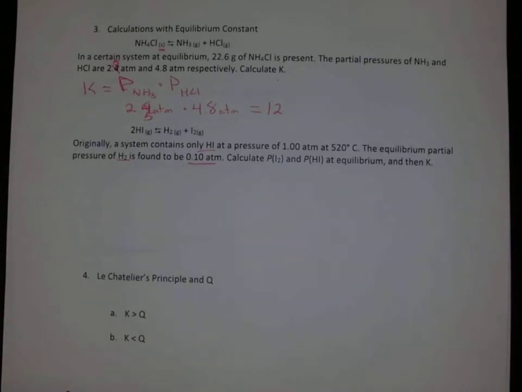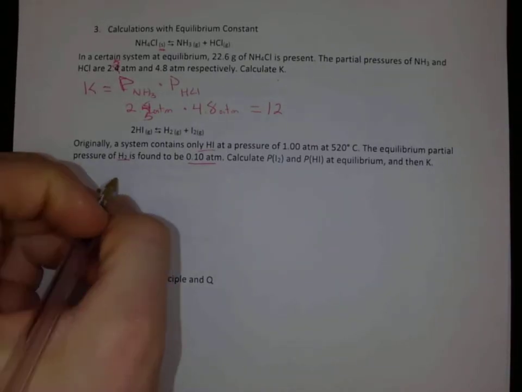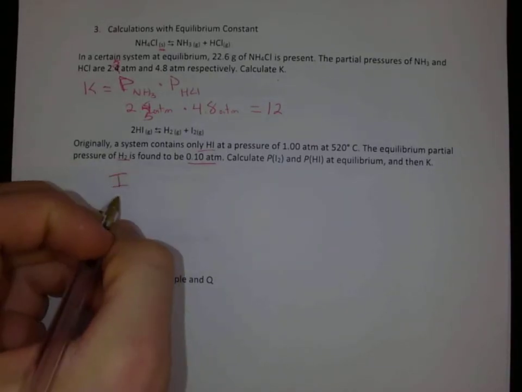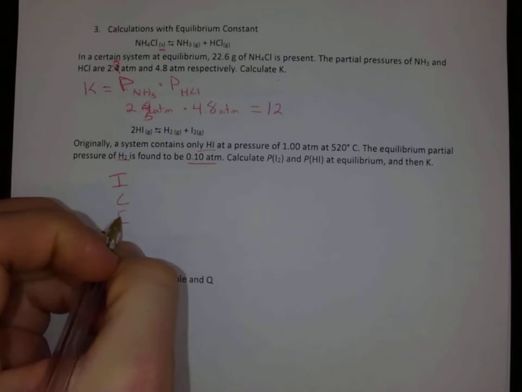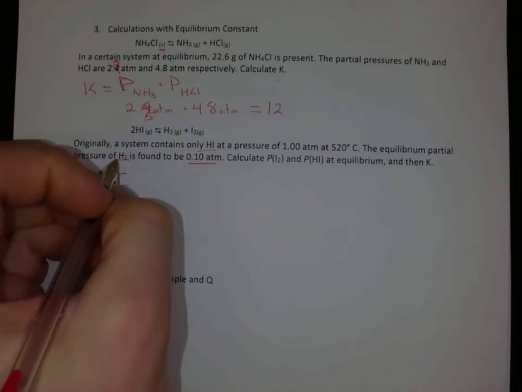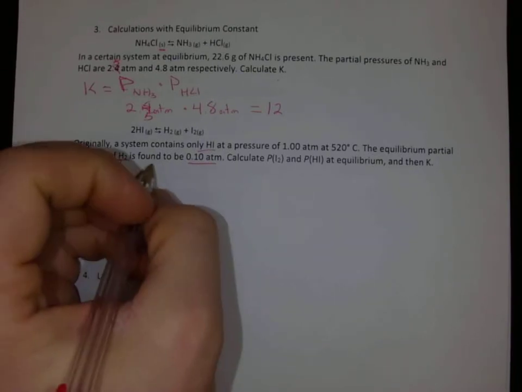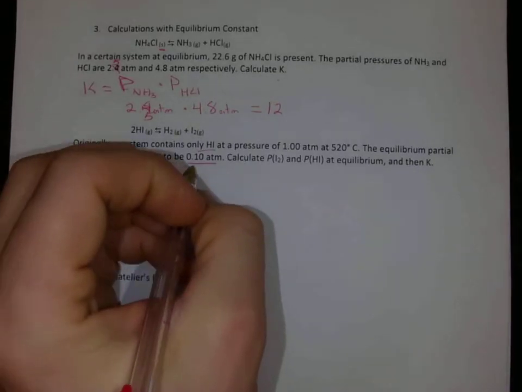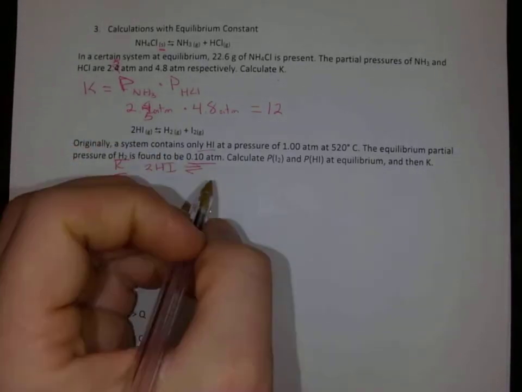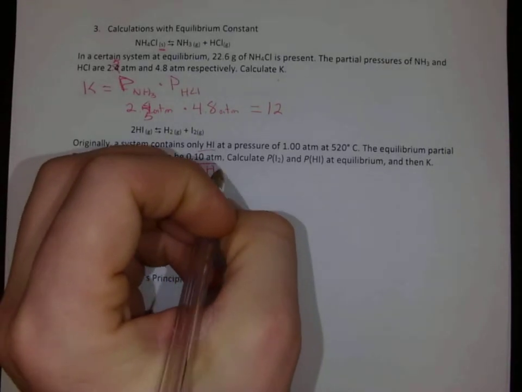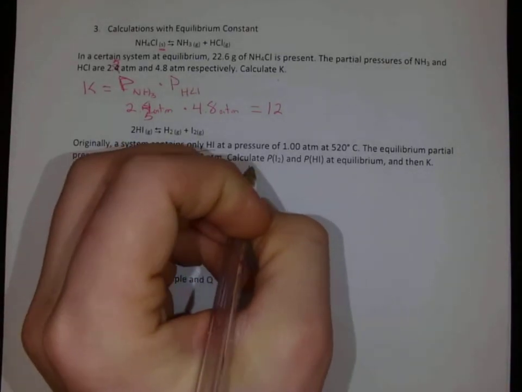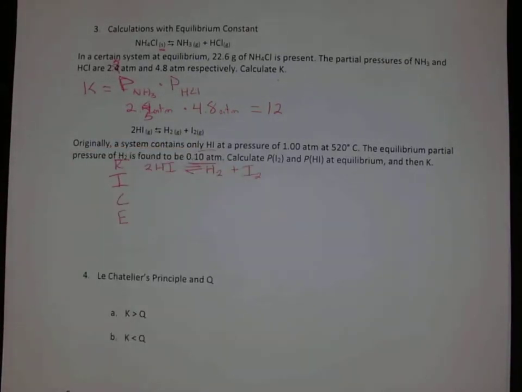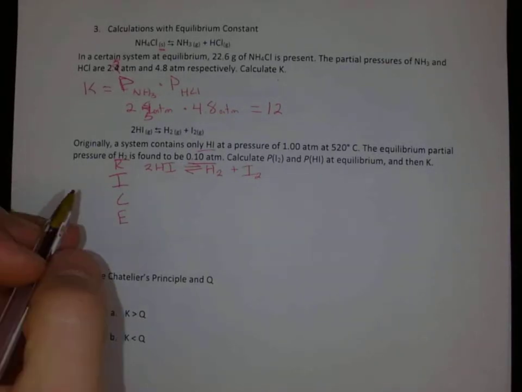So what we're going to have to do is build what's called an ICE table, or a RICE table, okay? Because we're going to put our 2 HI at the top there. We're going to put our equilibrium on there, and then H2 plus I2. I didn't make this very large. You may want to make it larger to give yourself space.